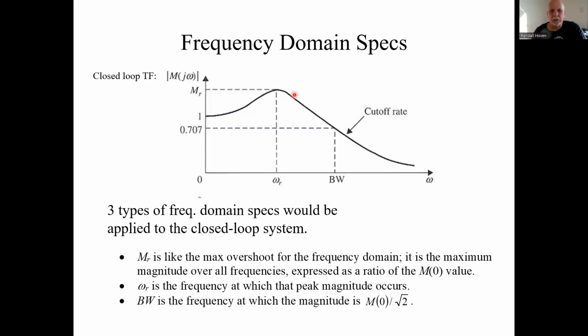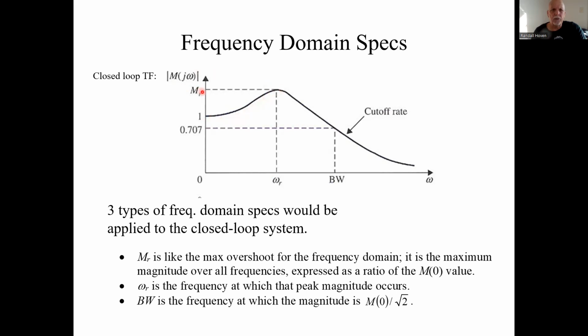Here's maybe a sort of typical spectrum over frequency. And now we're talking about this M being the closed loop transfer function. Down at zero frequency, you'd have some gain. We call it the DC gain.